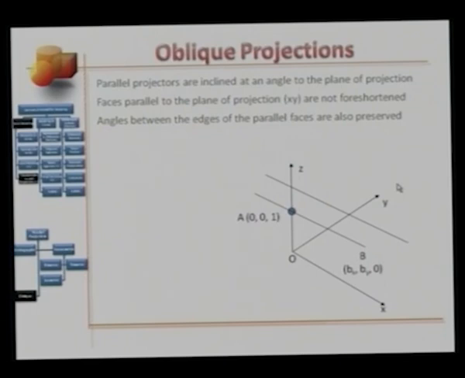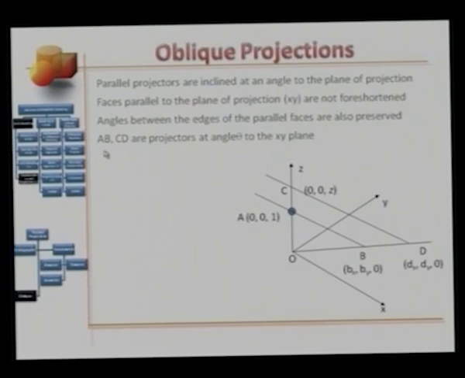Let's take another inclined projector parallel to the previous one. This projector passes through this point C with coordinates 0, 0, z. The projector hits the xy plane at point D with coordinates d sub x, d sub y, and 0.